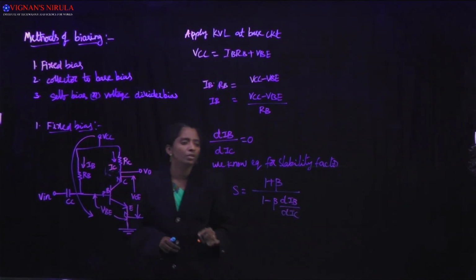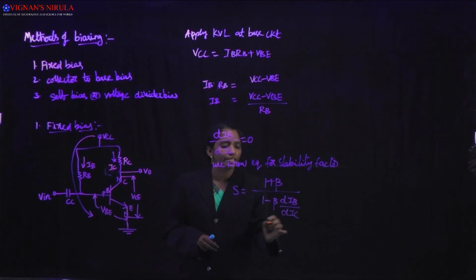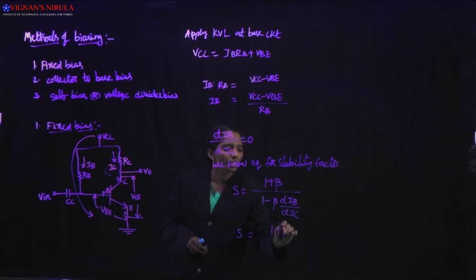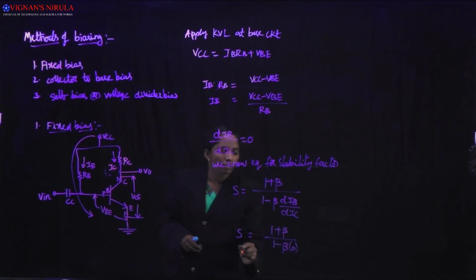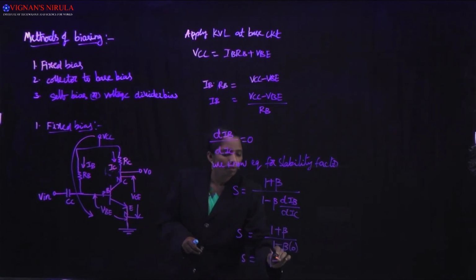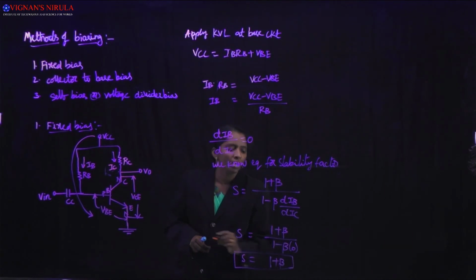Now substitute the value of dIB by dIC in this equation. Then we get (1 plus beta) divided by (1 minus beta into 0). So finally we get S equal to 1 plus beta. This is the stability factor in the fixed bias circuit.